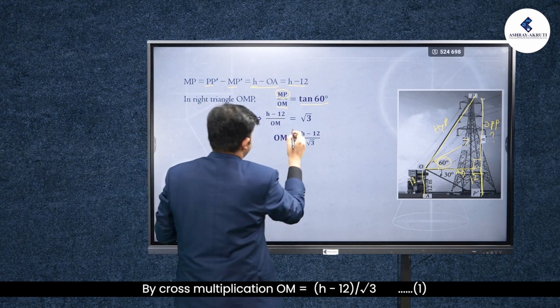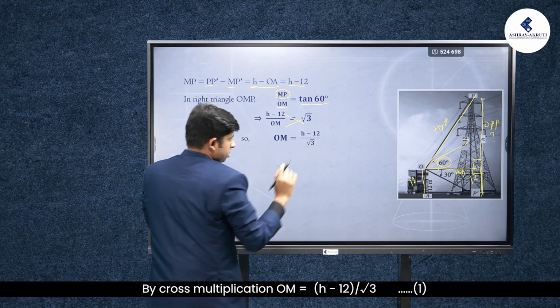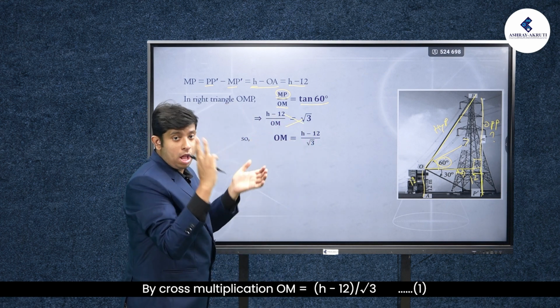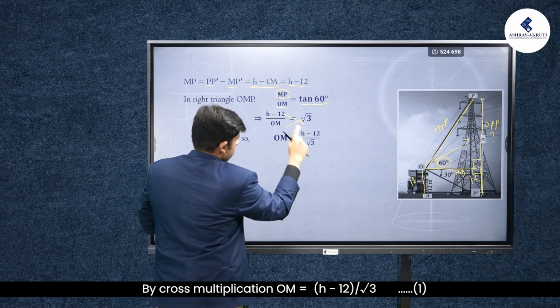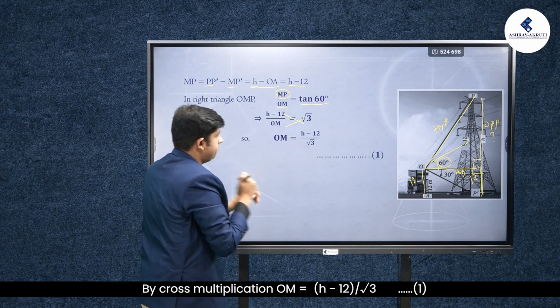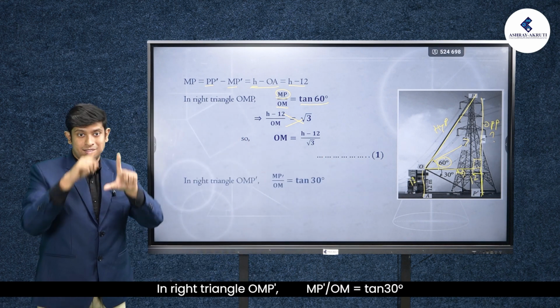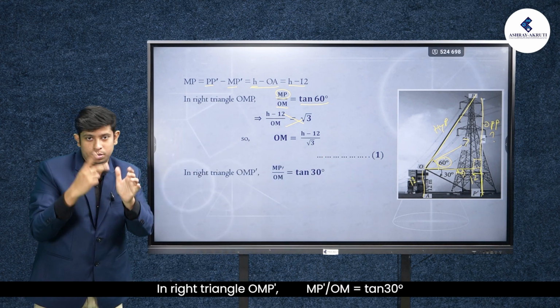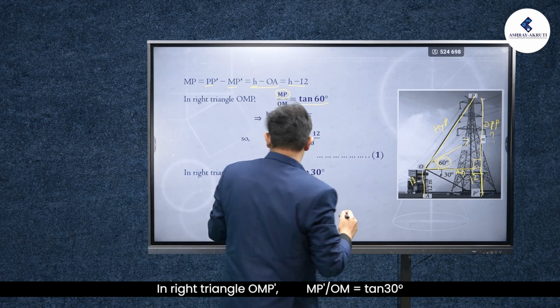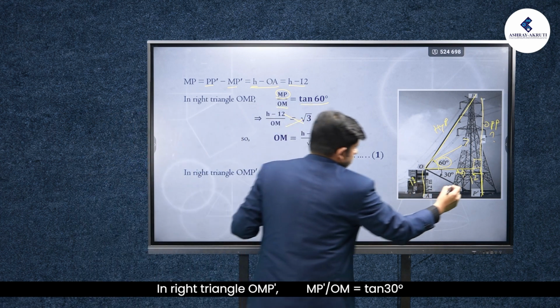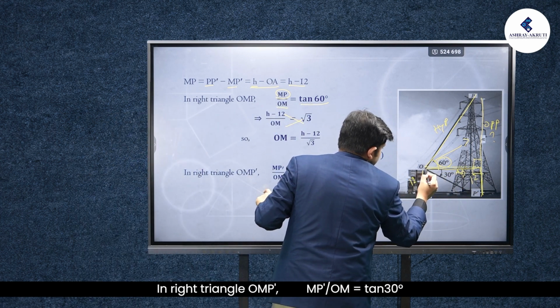By cross multiplication, OM is equal to H minus 12 by root 3. Consider it as 1. In right triangle OMP dash, MP dash by OM is equal to tan 30 degrees.